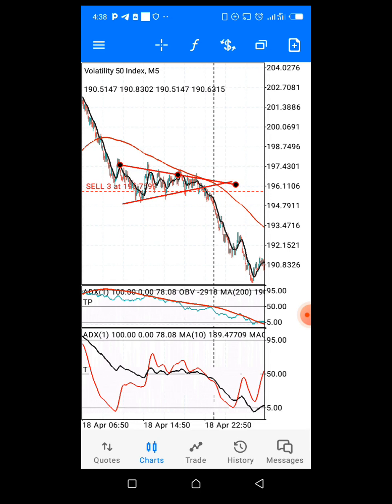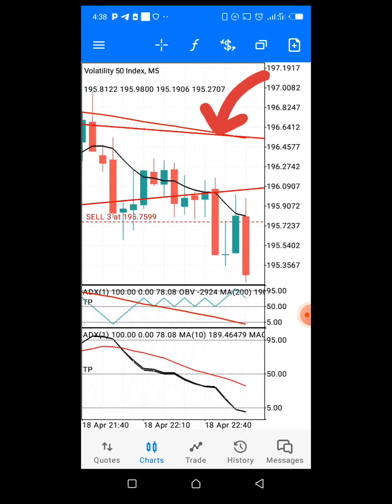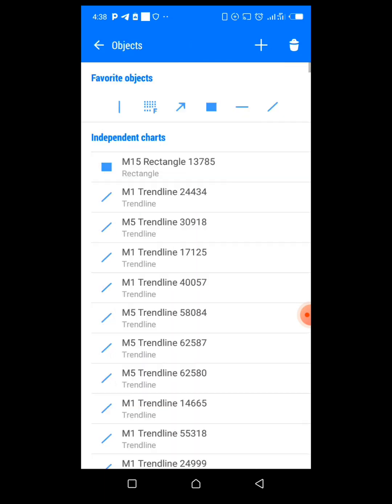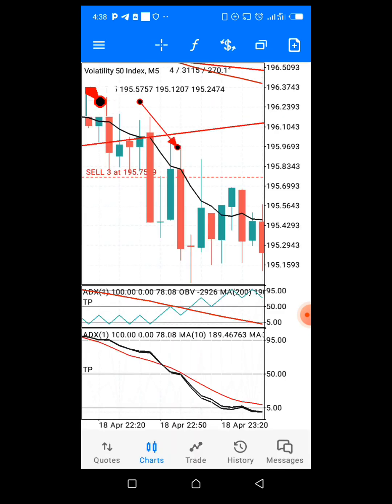I was especially waiting for it to break out, either upside or downside. As I was looking at the market now, it broke out from the downside and it gave me a retest. So I took the trade from this point. So guys, if you use this strategy I'm showing you, you will definitely make money from DERIV.